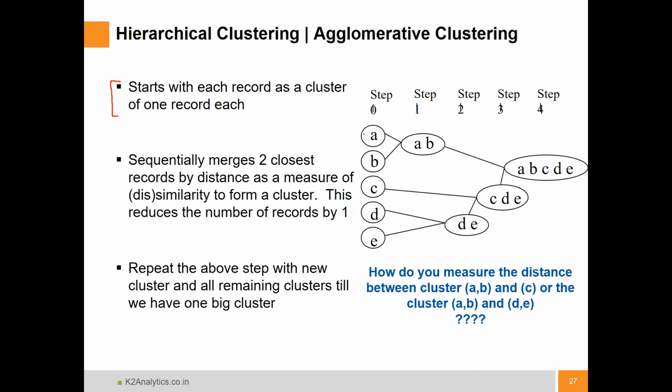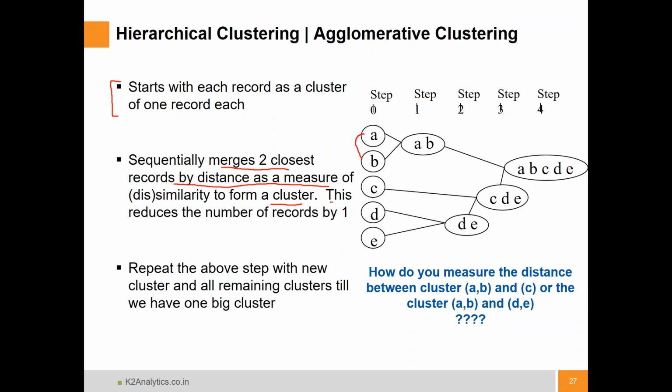Step 2. Sequentially, you find the distance for each of the clusters, each of the records. The distance which is the minimum, combine them. So sequentially merge the two closest records, by distance as a measure of similarity, to form a cluster.